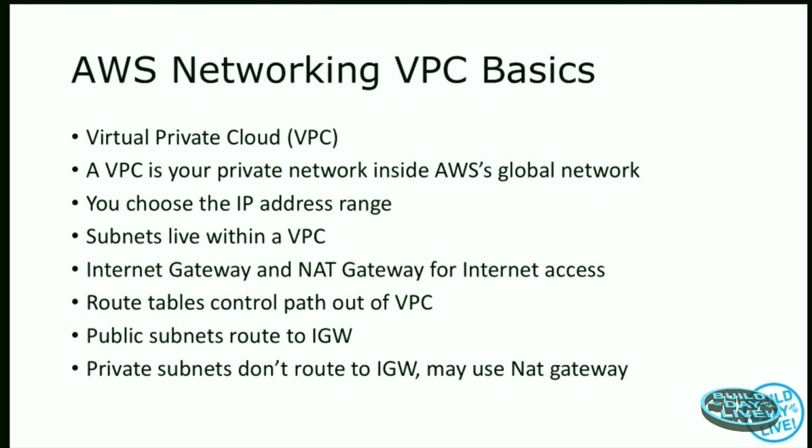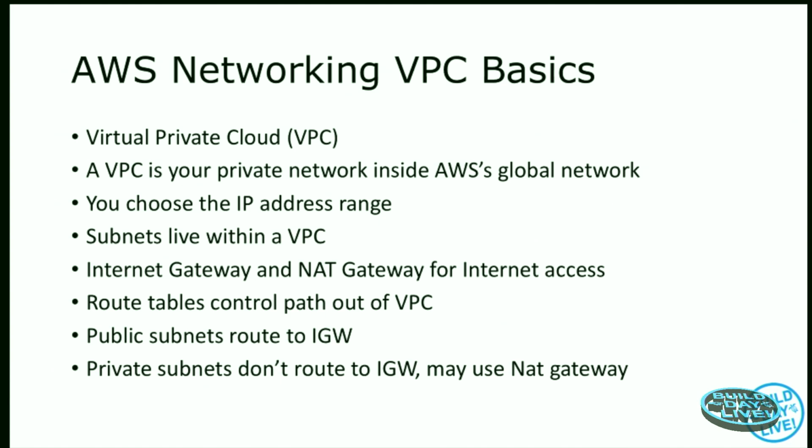Okay. So what have we looked at in this video? We've looked at AWS's virtual private cloud, your private network inside AWS's global network. Within that VPC, you get to choose the IP address range that you want for this VPC, and I think of it being like a data center. Inside that VPC, we have a series of subnets.